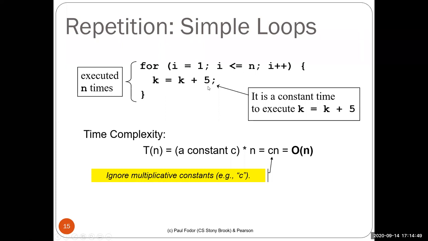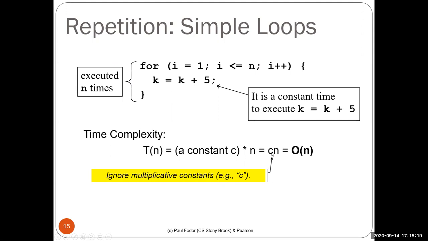Let's call it c. The time that it will take for n, t of n, the time complexity of this loop, is the constant c, that is to do the inner operation, like in this case, summation followed by assignment, multiplied with the number of times that we are going to do it. And in this case it is n, the number of times that we execute the loop.